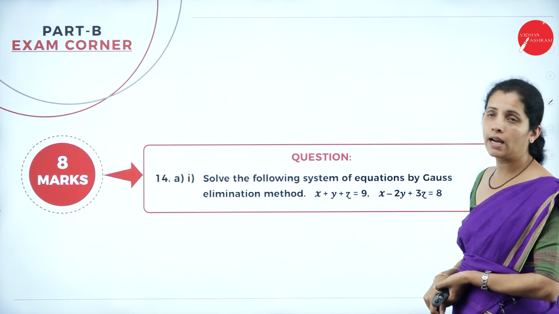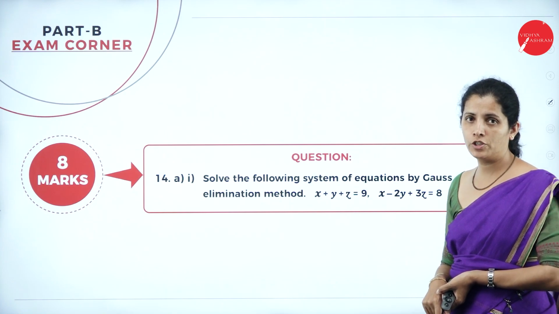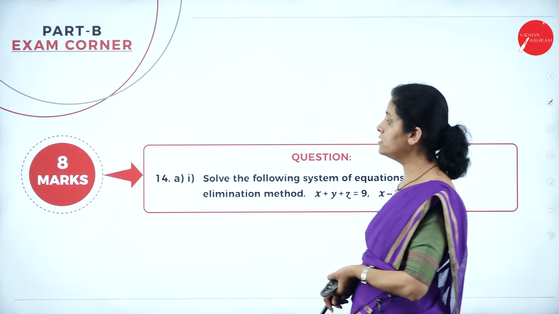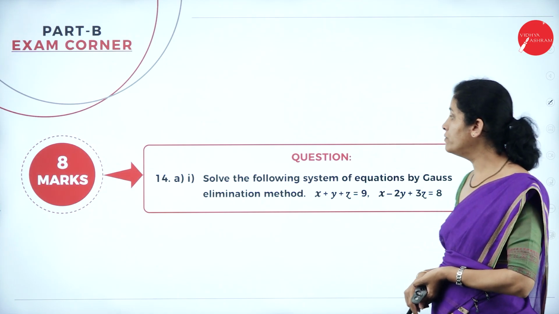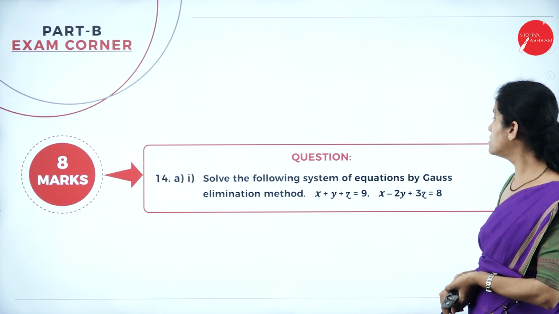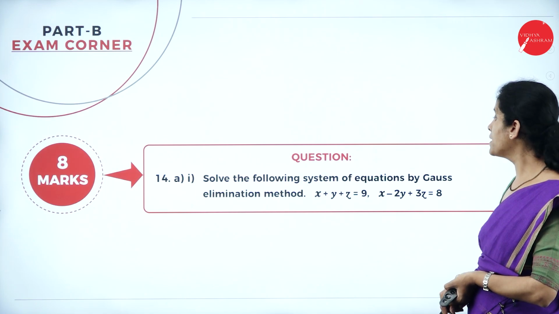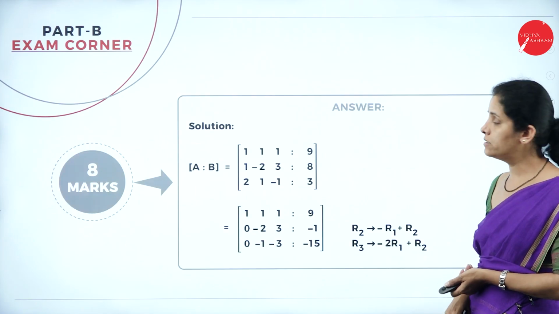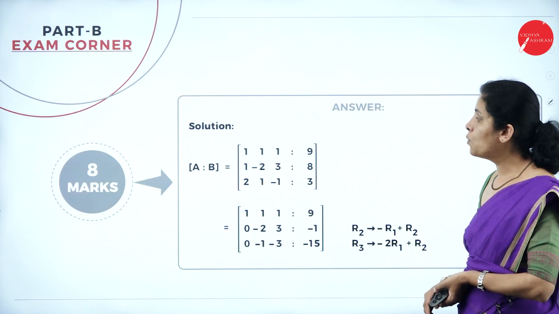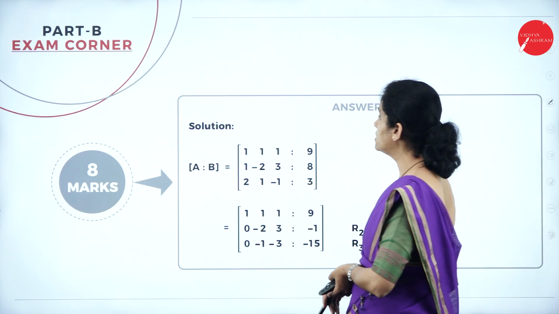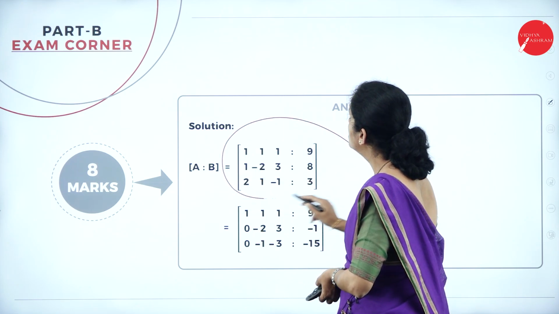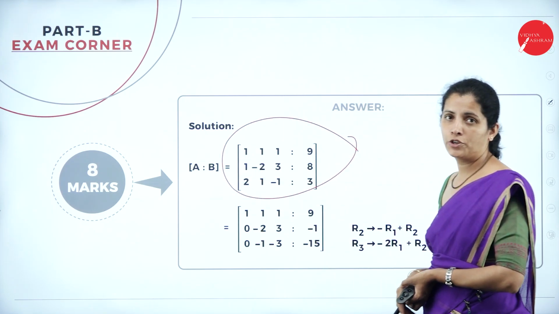Now, dear student, I am going to have the 14th question. Under 14th question, A, under that first question, solve the following system of equation by Gauss elimination method. So, dear student, whatever the question I have, I want to represent that in terms of system of equation.